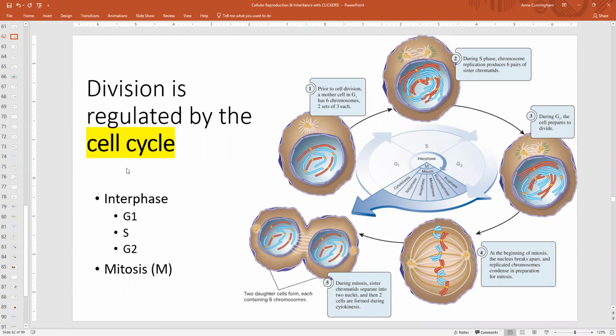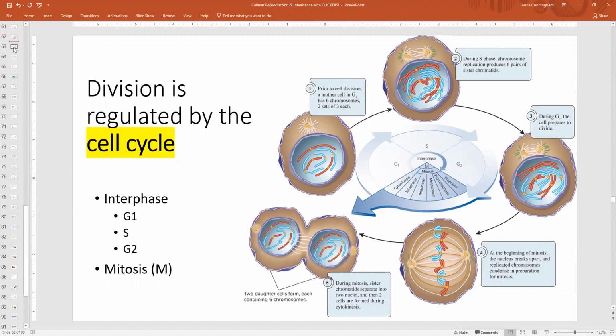As we will talk about, there are some critical stages here, but some of the most critical are those transitions from G1 to S, whether we're going to duplicate DNA or not, or S to G2, which is whether we're going to prepare for cell division or not, and then G2 to M, which is mitosis, going from a cell that is prepared to divide to a cell that is actively dividing.